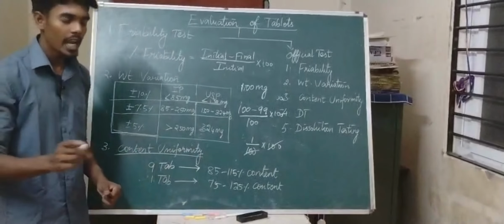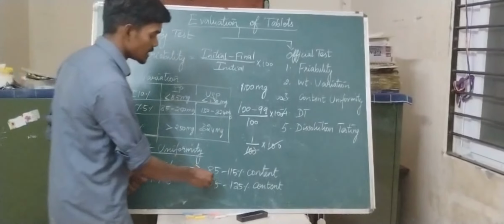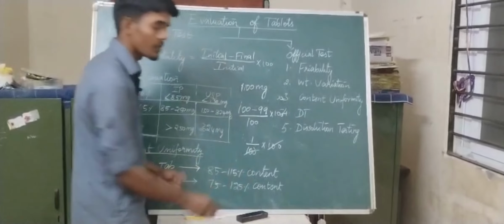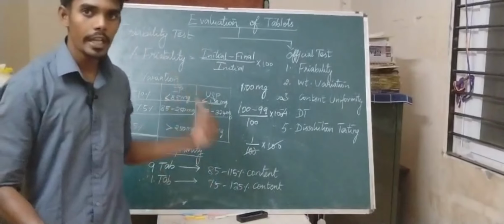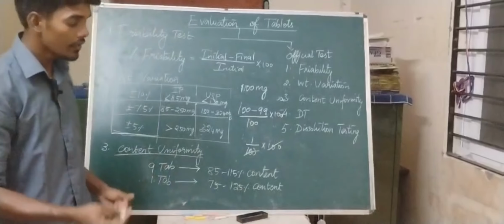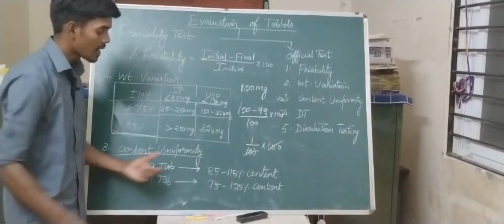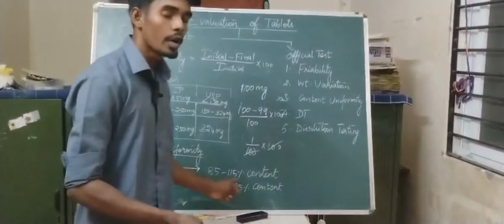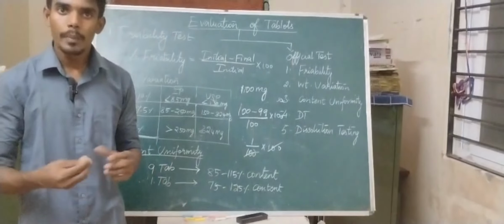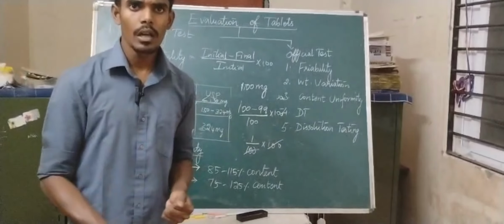If 9 of the tablets fall within 85 to 115% of content, then it passes the quality control parameters. If one tablet falls within 75 to 125% of drug content, it may also pass the IP test.